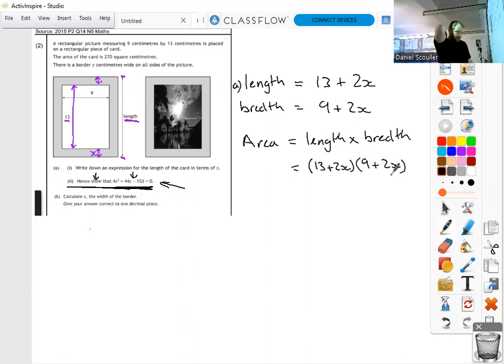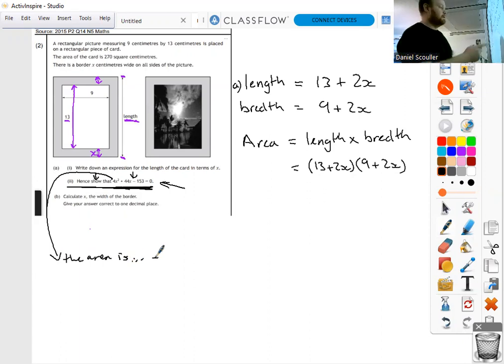That's the step that a lot of people didn't put together. It's asking you to find the area, so hence show that. This is what annoyed me in this one: it should say hence show that the area is. That's what that question should ask. Now we just break that down.